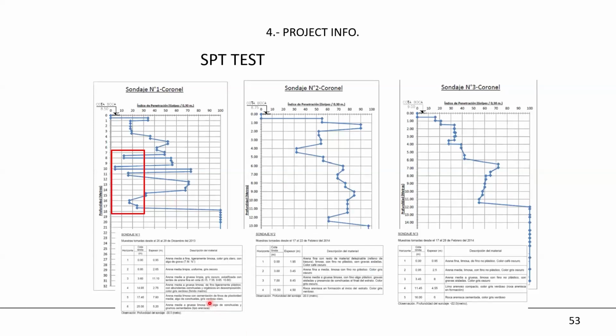And what about the soil? I'm sorry, it's very tiny. And we have sand, but in the bottom part we have silty sand, but the color of this one is green, and in that place the sand color is black.